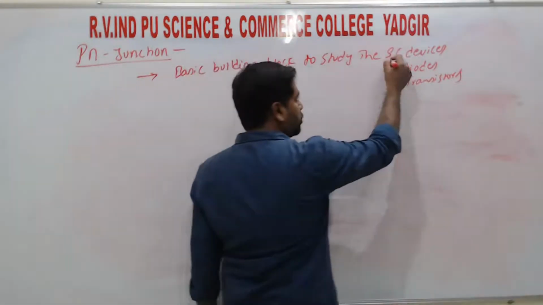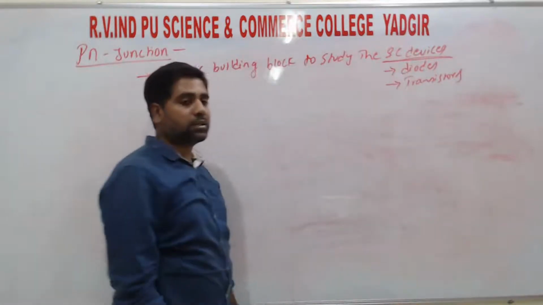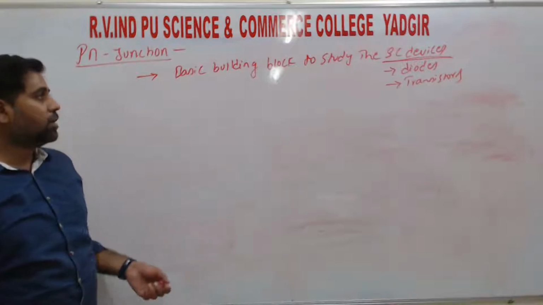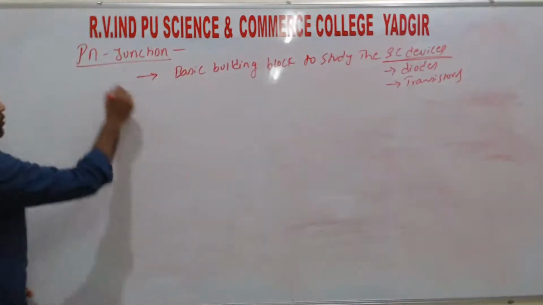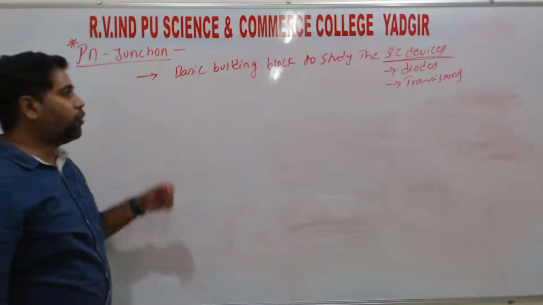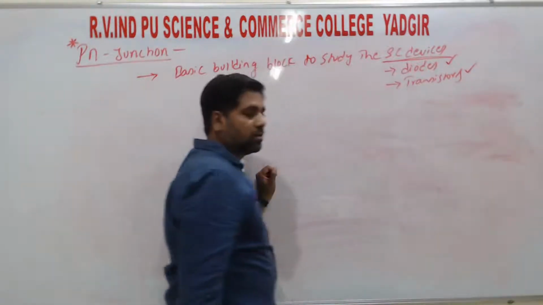So the chapter is about the semiconductor. Until now we discussed what a semiconductor is and the types of semiconductor. The next step is to study the semiconductor device. We need to understand what a PN junction is, right? This will be helpful in explaining diodes and transistors, right?